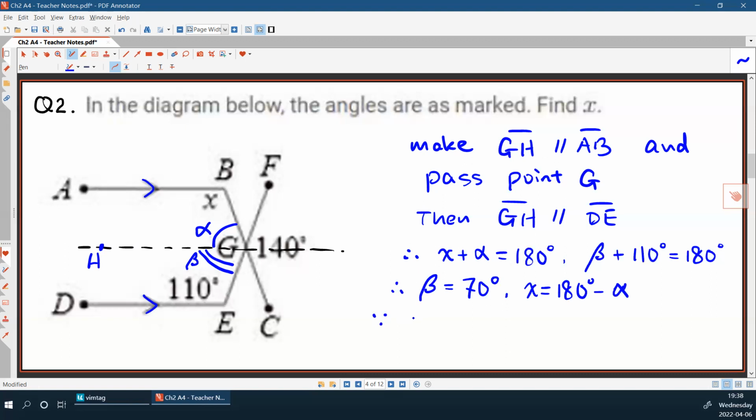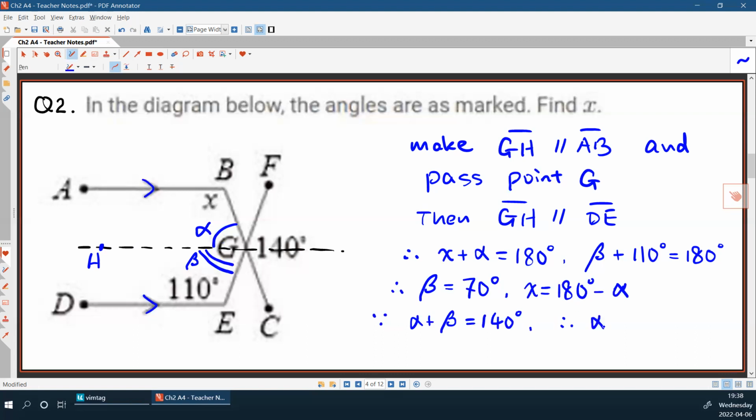And alpha plus beta equals 140 degrees, because this is the vertical angle of this angle here. Sorry, it's 140, not 180, 140 degrees, right?